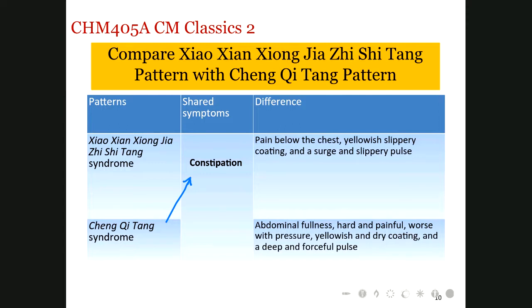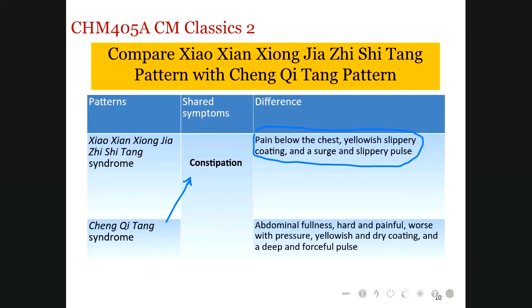So heat, qi obstruction, and hardness of stool are very dominant. Everything's excessive, with forceful pulses and very strong hardness on pressure in the lower quadrant of the abdomen. But for 小线胸汤加子时汤 syndromes, the obstruction is not in the lower quadrant of the belly. It is more focused below the sternum.